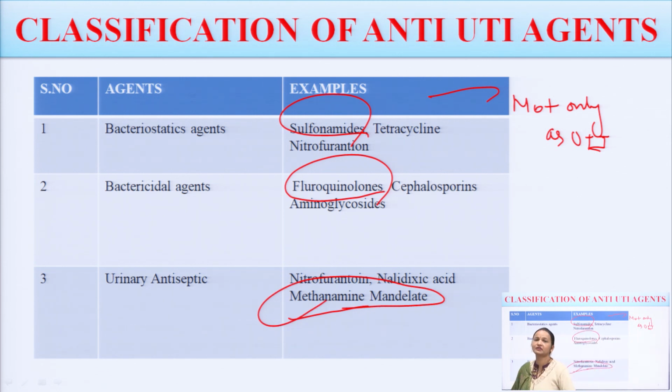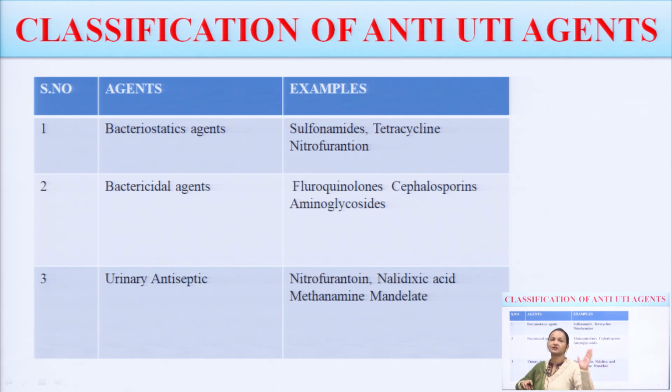Along with their use as antibiotics, they can be used to treat the bacterial infection which causes the UTI. So, it is not that these drugs have only this action, but they can be used for the treatment of UTI. So, the classification is bacteriostatic, bactericidal, urinary antiseptic.